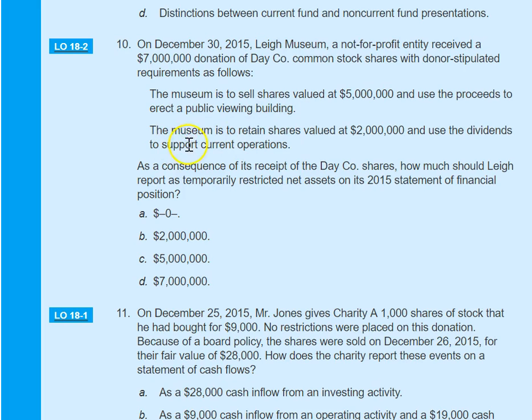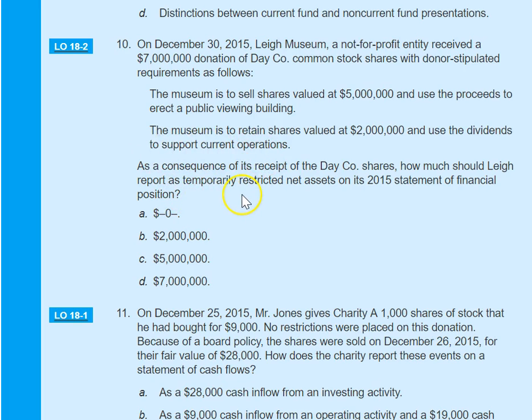On the other hand, the other amount should be in permanently restricted assets, because they cannot use or sell those. They have to retain those, but what they can do is use the dividends to support their operations.